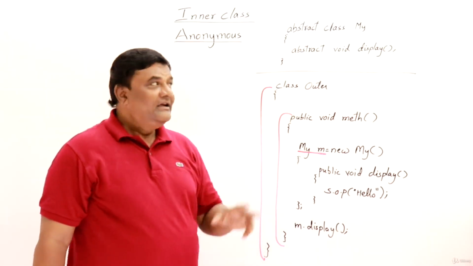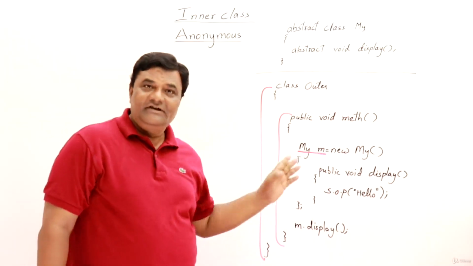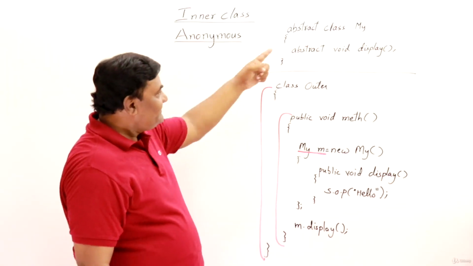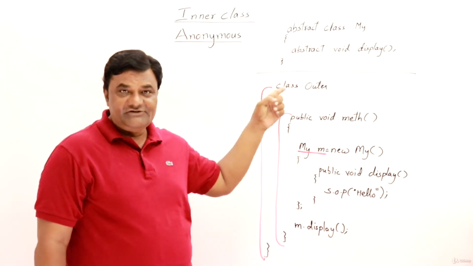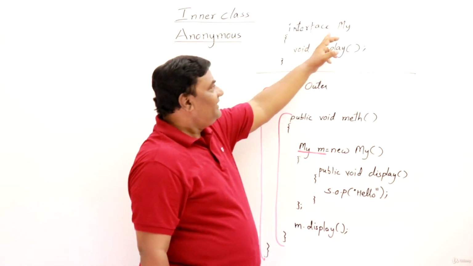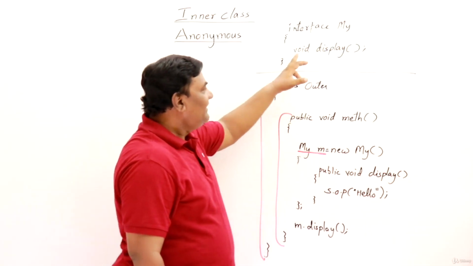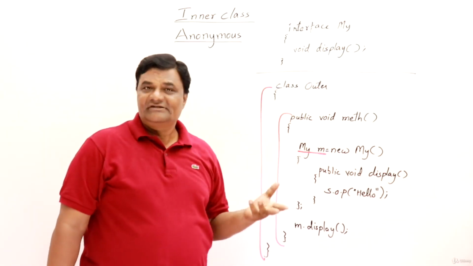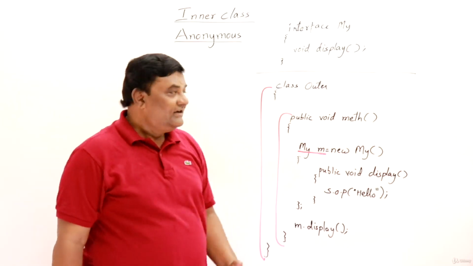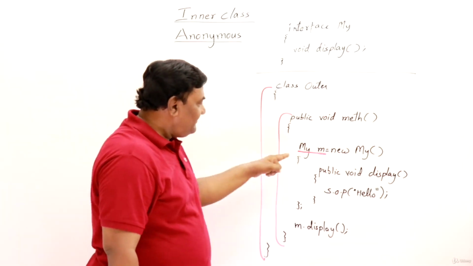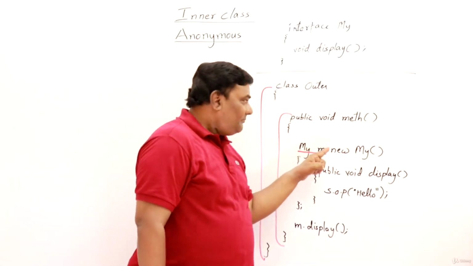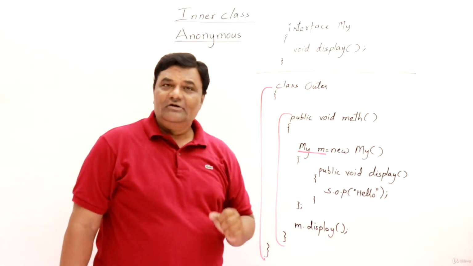Now next thing, even if it is an interface, we can do the same thing. So I'll just change that to interface, then I'll show you. Here I have defined the interface my, and it is having a method. So interfaces will have abstract methods. Now for the same thing, I am creating a reference. Yes, allowed. But new my, I cannot create an object.